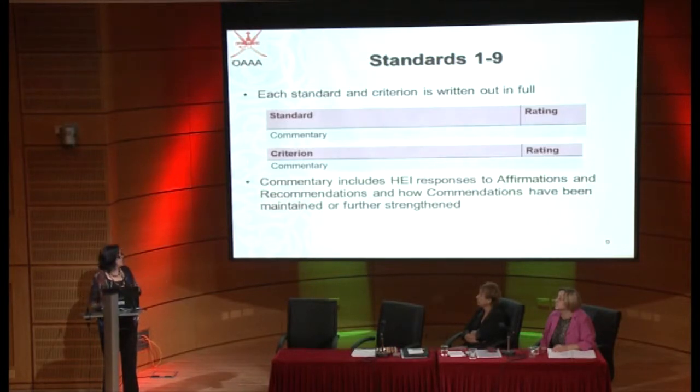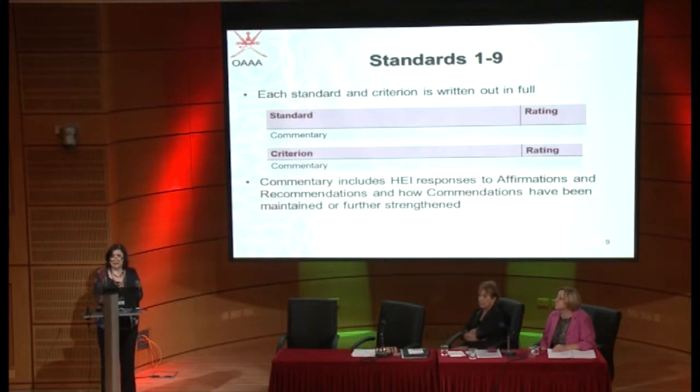As we've mentioned earlier, the standards and the commentary. Now, one thing, this isn't so relevant for the programme, but for the institutional accreditation, within the commentary in that particular area, there is an expectation that the institution will say what it's done in terms of the affirmations and recommendations that were made in the quality audit report. Because this is a 2-stage cycle, it would be remiss of us not to pick up what had happened in quality audit.